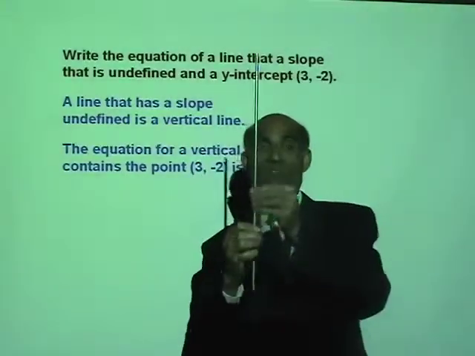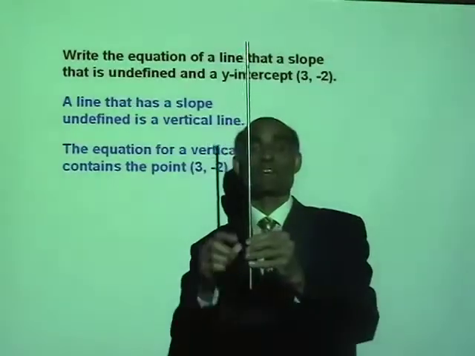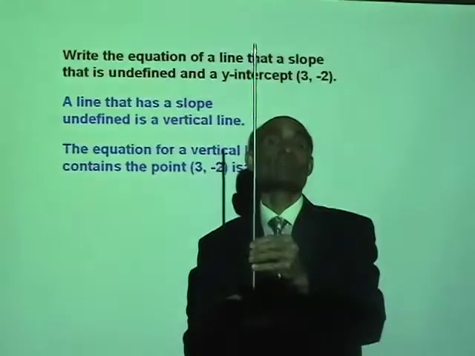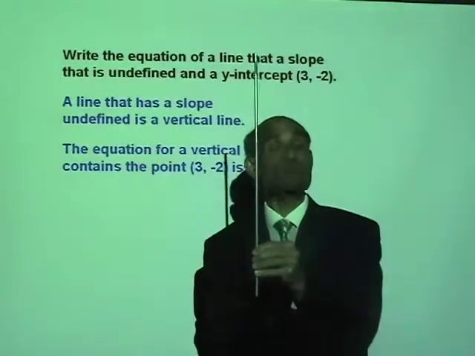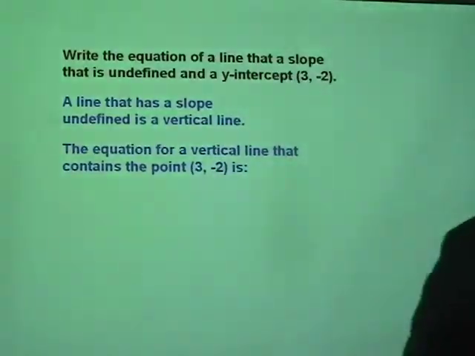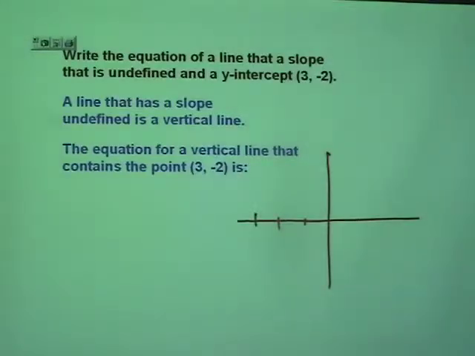You see, if x equal to 3 is on this vertical line, then all along this vertical line, the value of x must be 3. Is that right? Yes. Okay, let me draw that and show that to you. Now, here I have x equal to negative 1, negative 2, negative 3.